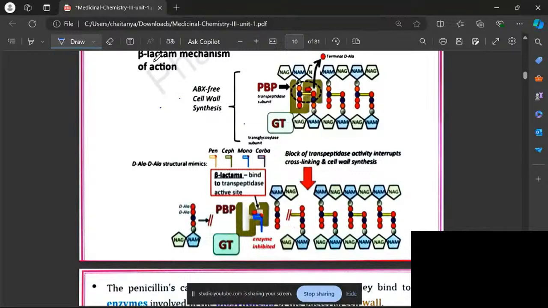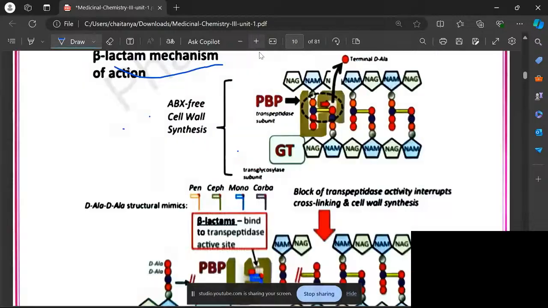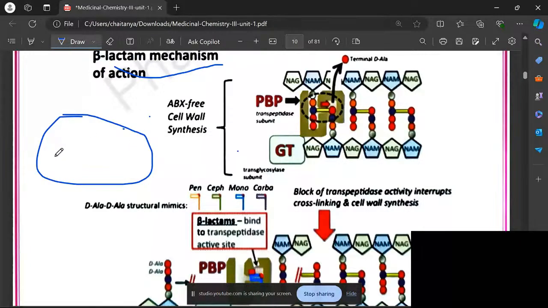Let us discuss the beta lactam mechanism of action. If you see here the general bacteria, first of all, in the cytoplasm of the bacteria there is N-acetyl glucosamine plus N-acetyl muramic acid, NAG and NAM.